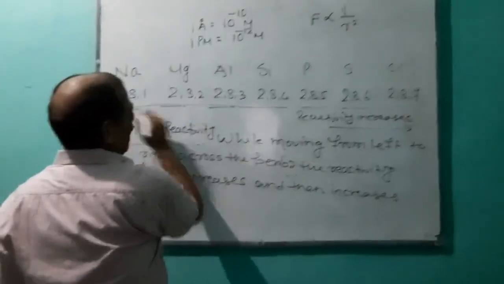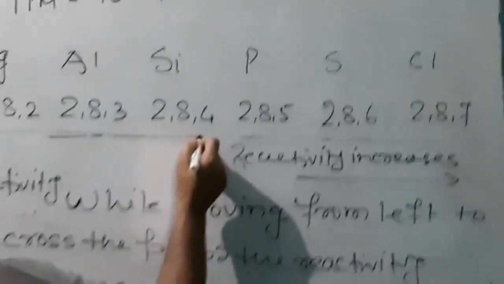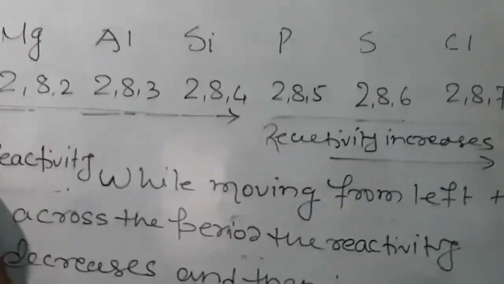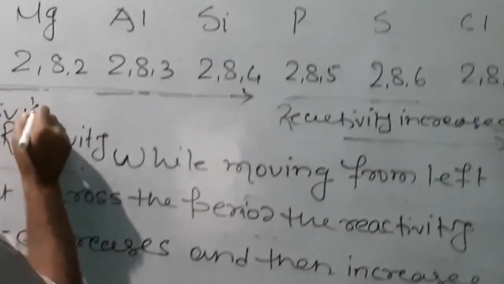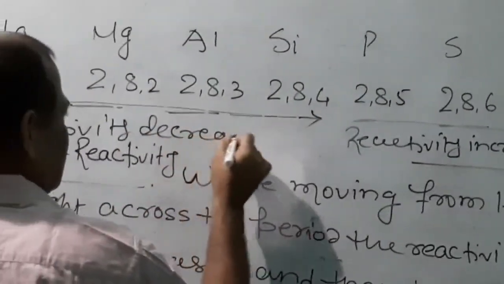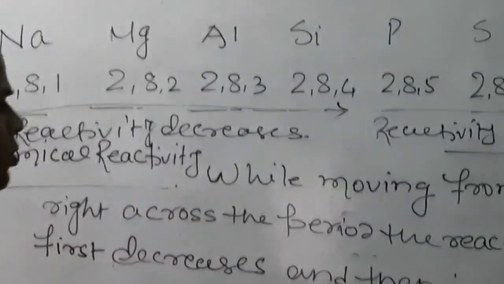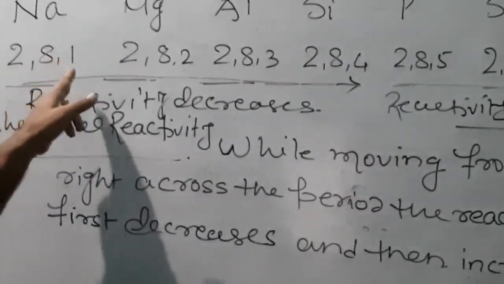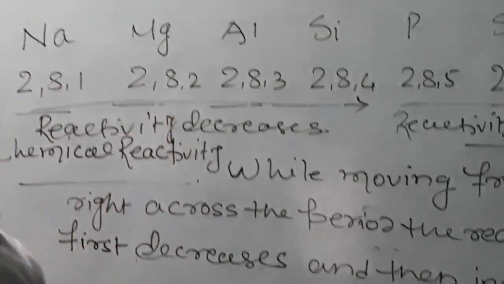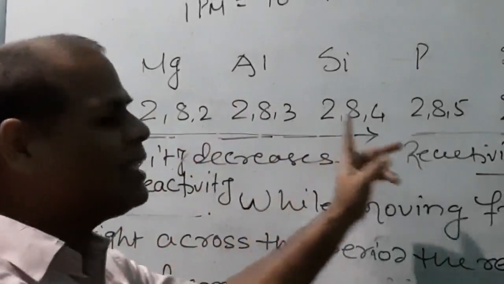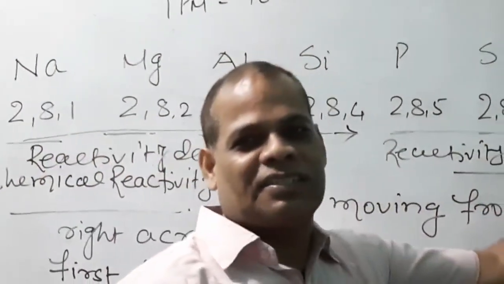And up to silicon, reactivity decreases. So what is the trend along the period? First it decreases and then increases.